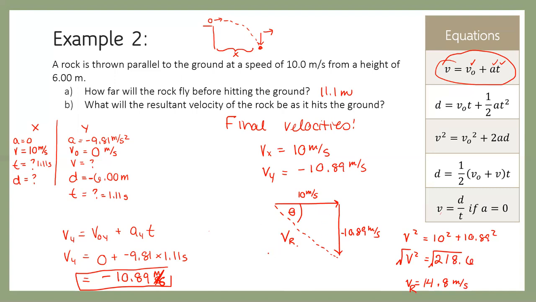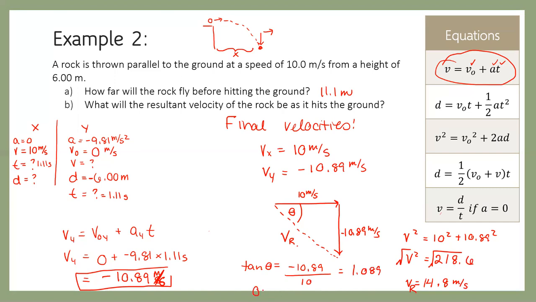So we're going to use tan. The tan of our angle is opposite, so negative 10.89 over 10. So you get 1.089, and then you do the shift tan.